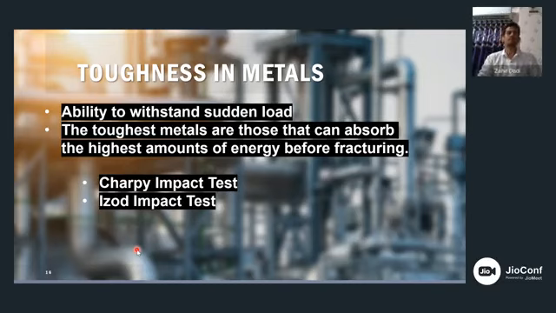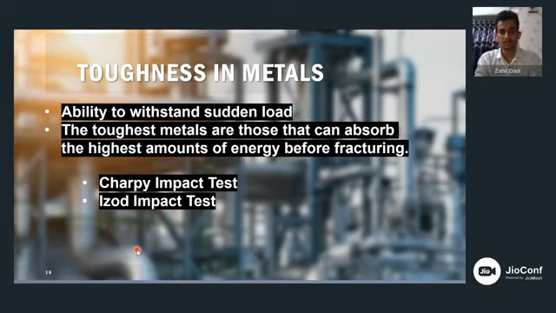There are mainly two types of testing for toughness. One is Charpy and the other is Izod. Among these, Charpy is widely used in our industries. A question arises: what does toughness mean and why is it important to industries?